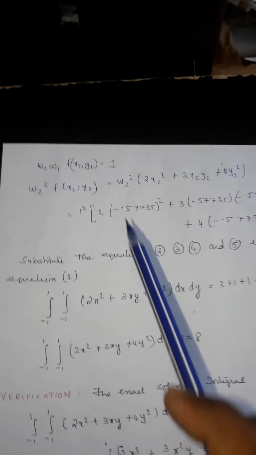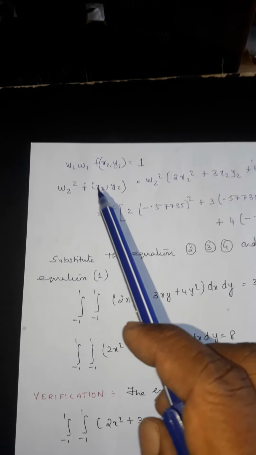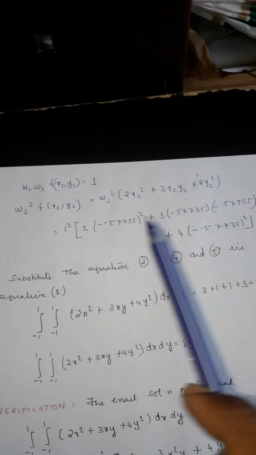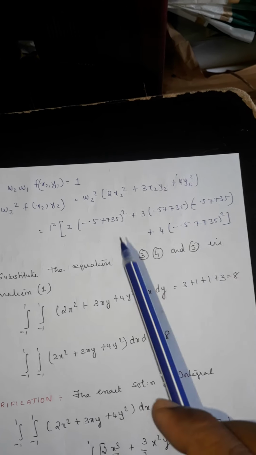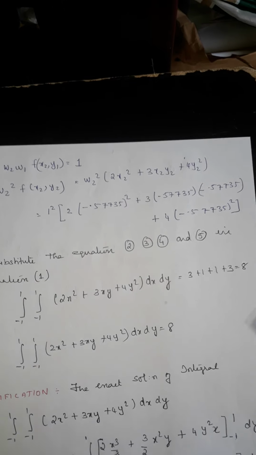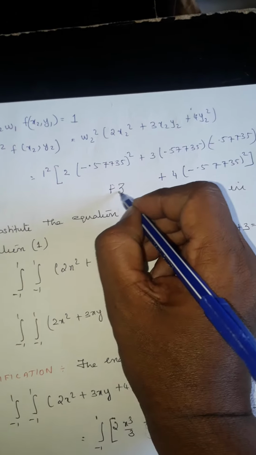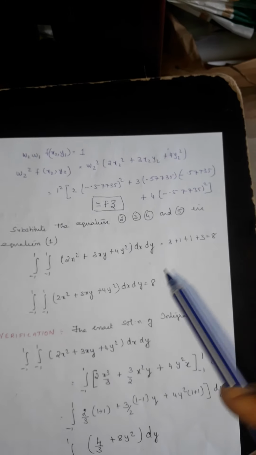Again, W2 f of x2 y2, so substitute the x2 and y2 values here. I substitute this value and I am getting 3.